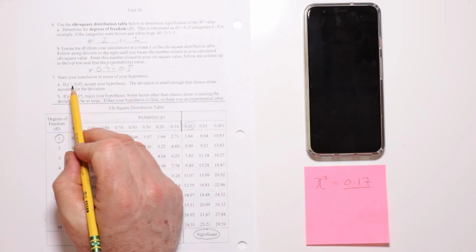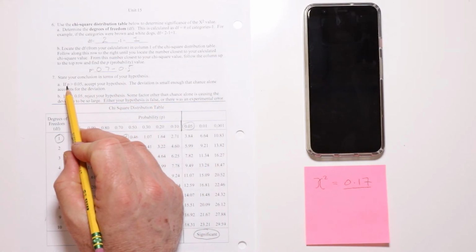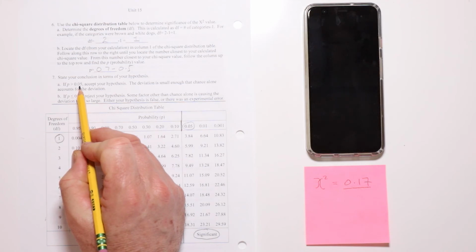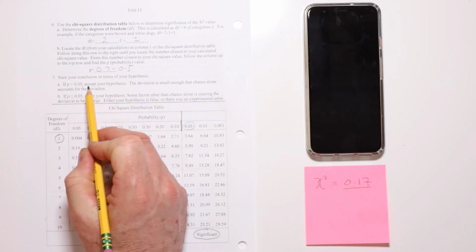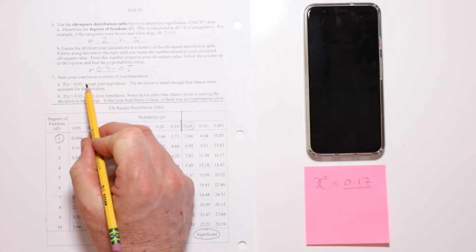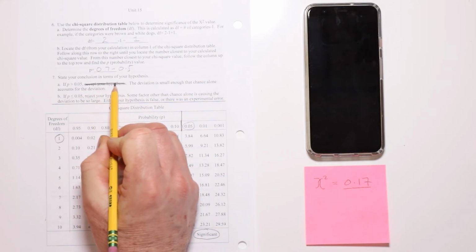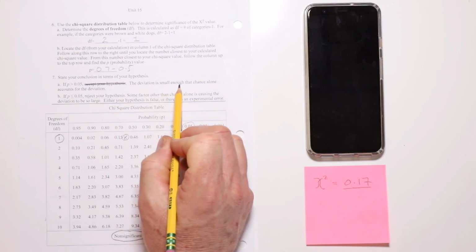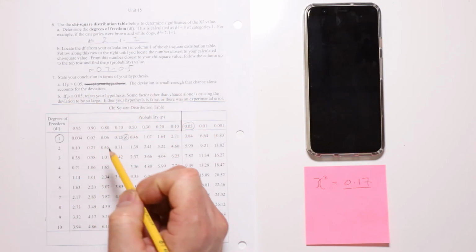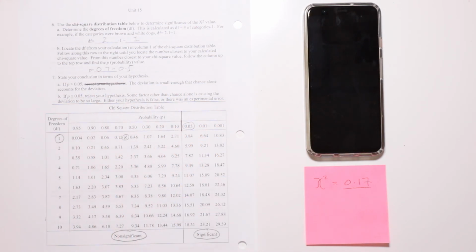Okay, so if our probability is greater than 0.05, which it very clearly is, we're going to, well, I'm going to cross that out because we haven't really addressed hypotheses yet, but the deviation is small enough that chance alone can account for the deviation. All right, so that's all there is to using your chi-square value on these tables to figure out whether it is non-significant or significant.